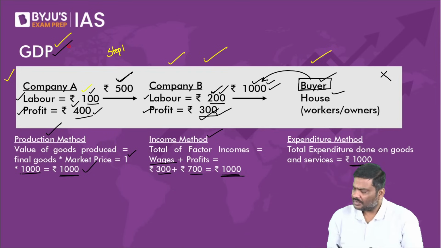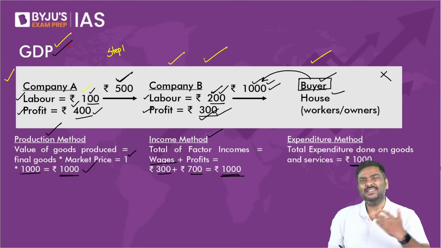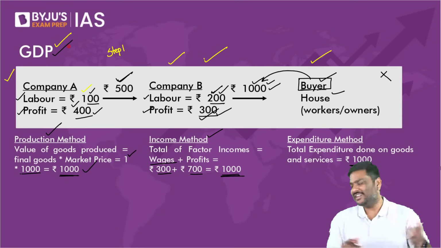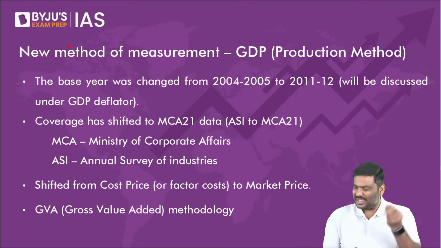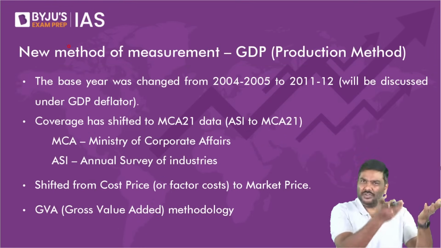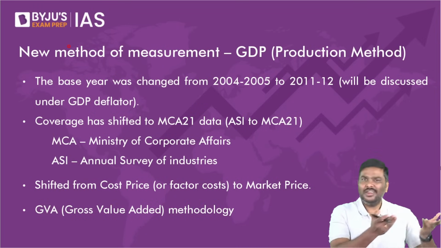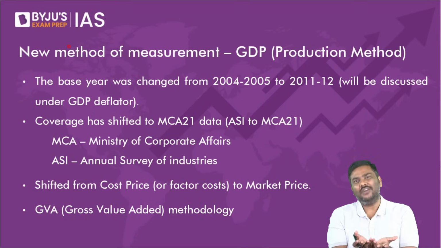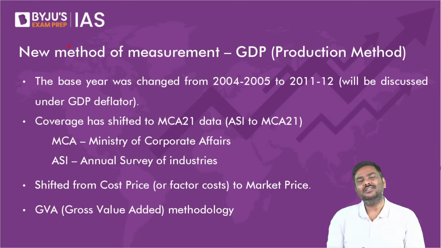But sir, cost of raw material should be added in factor income. Arey Baba, you're adding so many things here and there and you're getting confused. Please revise. In a production value method, what we count, we have discussed yesterday. In income method, what should we count? We have discussed yesterday. In income method, should we add cost of raw materials?